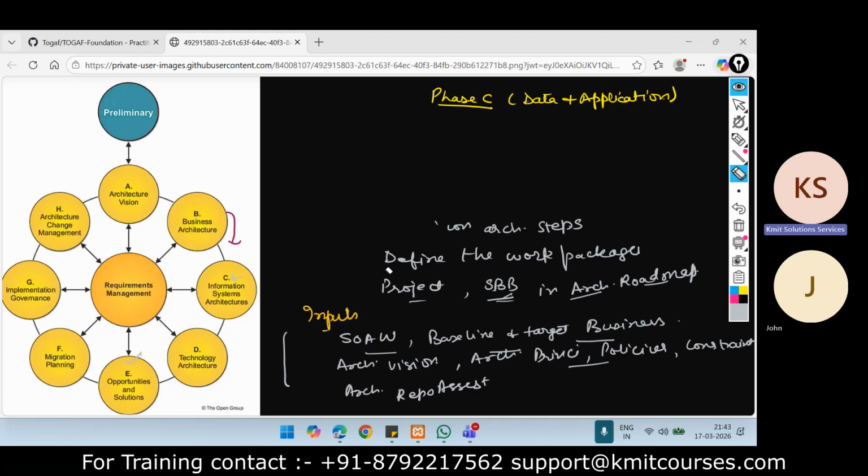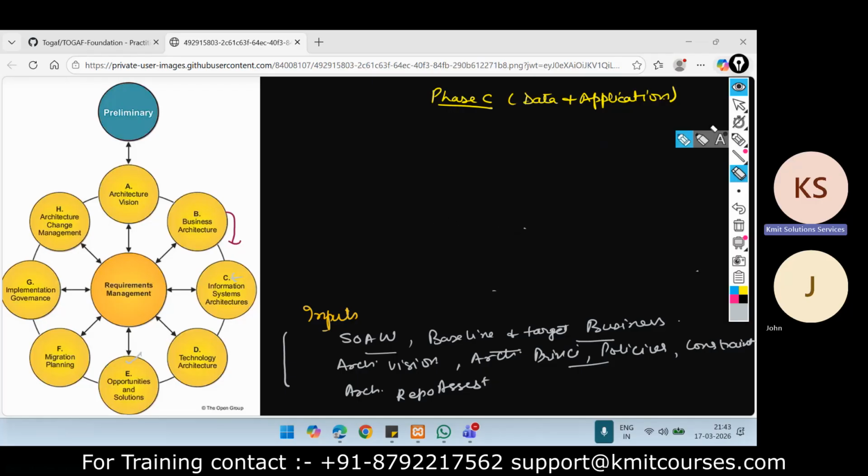What type of applications we need to develop. All these things will be the output, right? So if we talk about the output of this particular phase, the key output is that you need to create a data architecture.